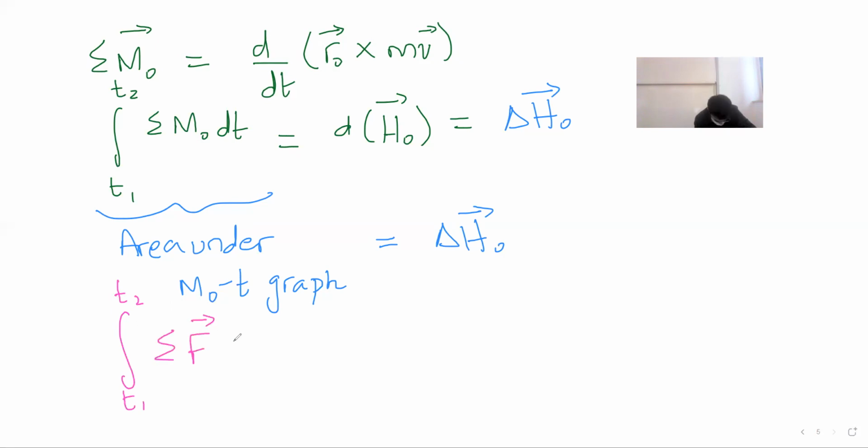Summation of forces dt equals delta G. This is your impulse momentum relation. This relation is for moments. Done. So we can start doing our first example.